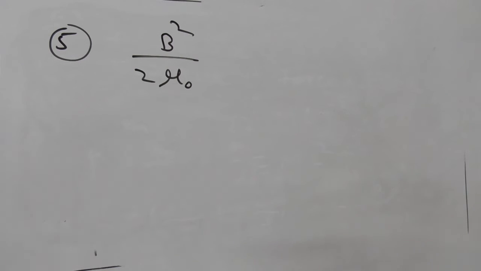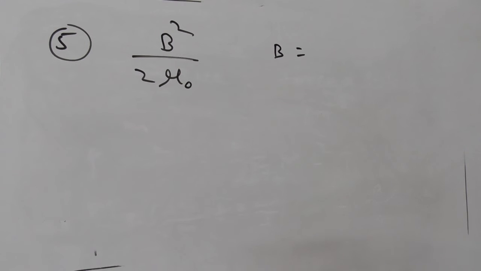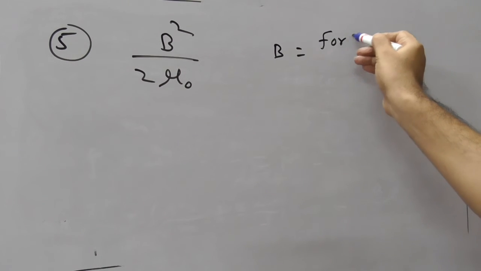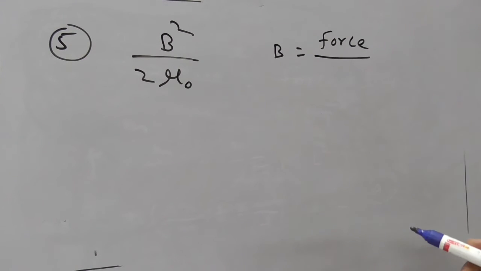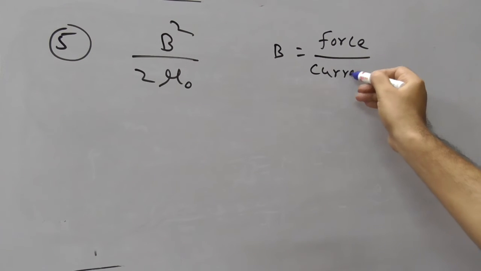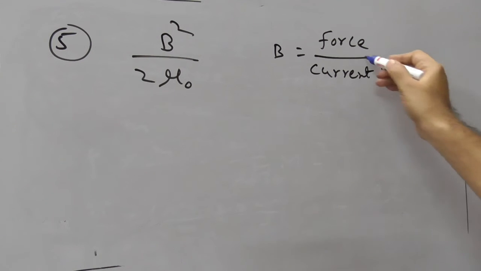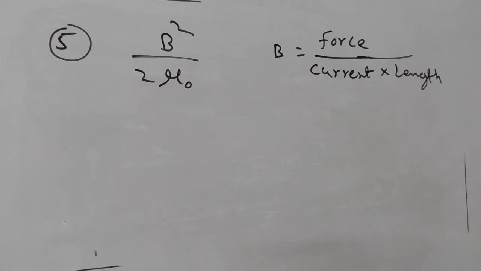B is given as the magnetic field, and mu naught is given as the permeability of vacuum or free space. Here the magnetic field B is equal to force by current into length, right?